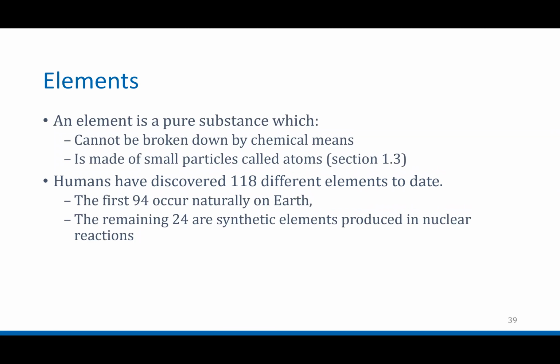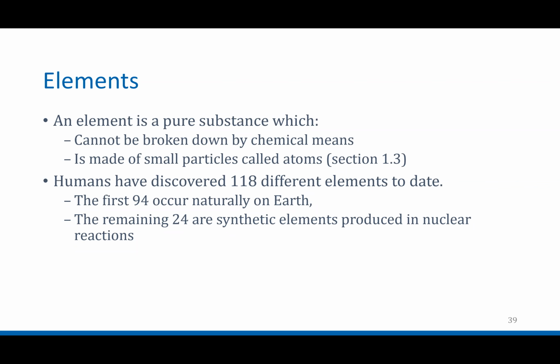The other 24 that we have discovered are synthetic. And the word synthetic means produced in the lab. We use nuclear reactions, really complicated nuclear reactions, to create these synthetic or human-made elements. So they do exist.